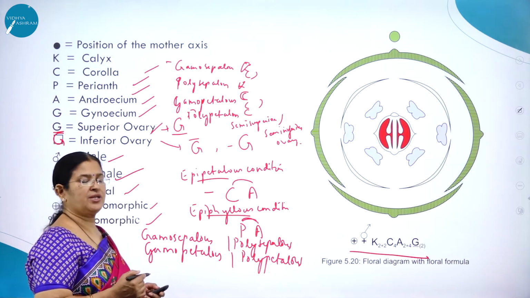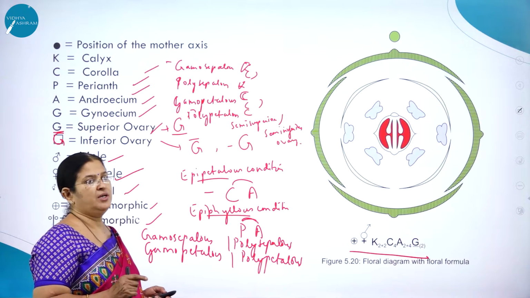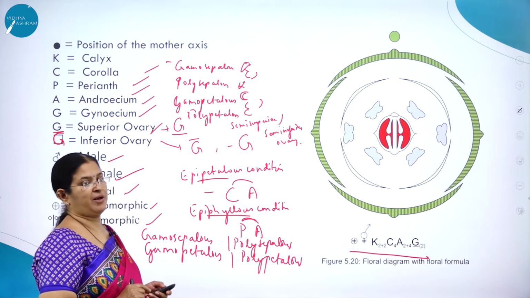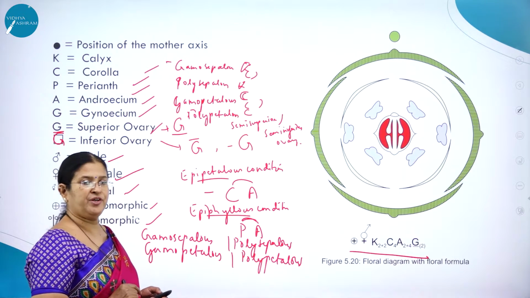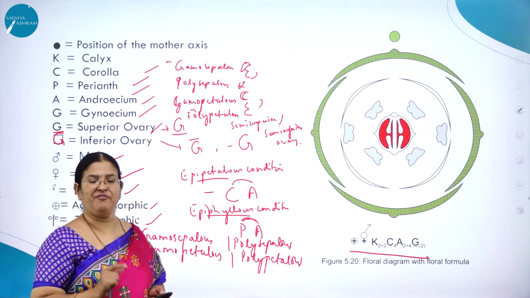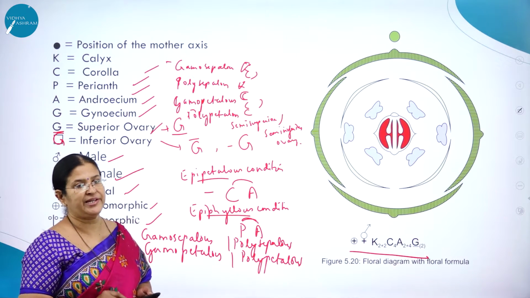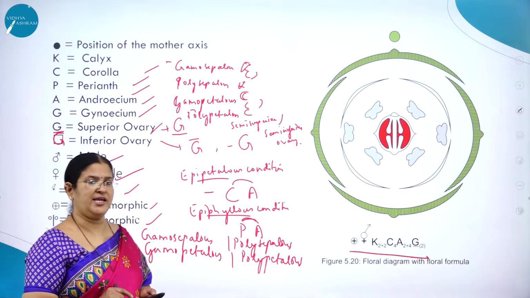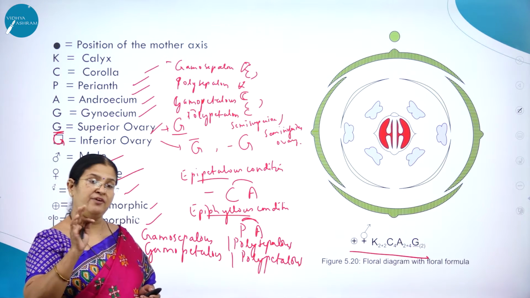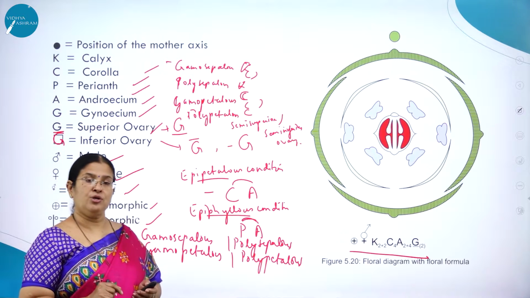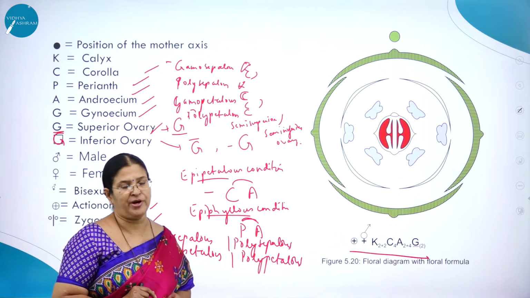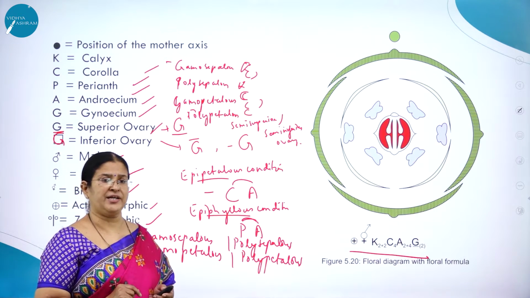So now let us take the example of three very important families for you to study for your syllabus. One is family Fabaceae, family Solanaceae and family Liliaceae. As I said, the three families are very important not only from theory point of view but also from practical point of view.